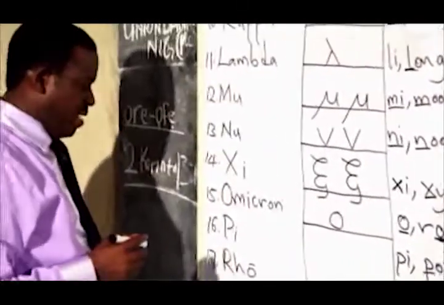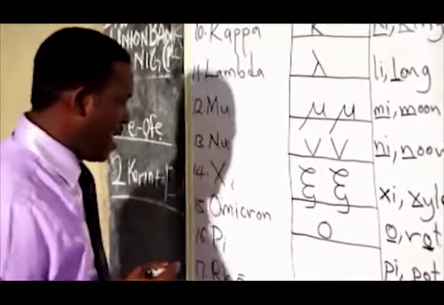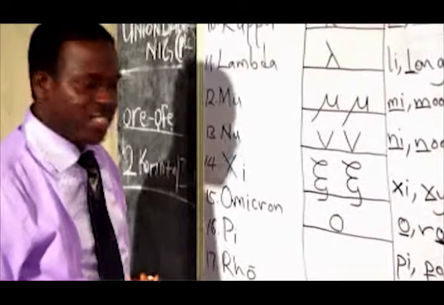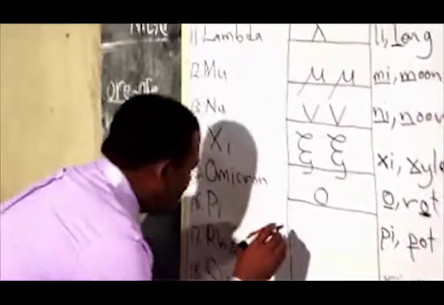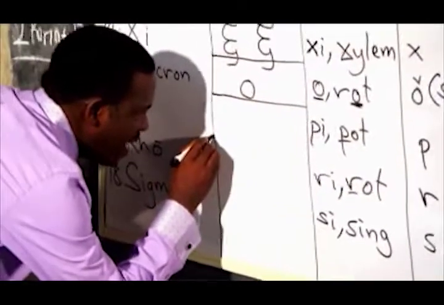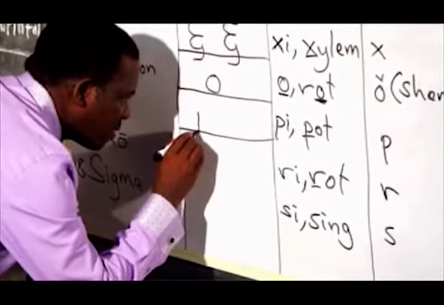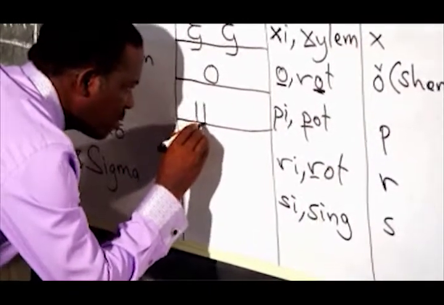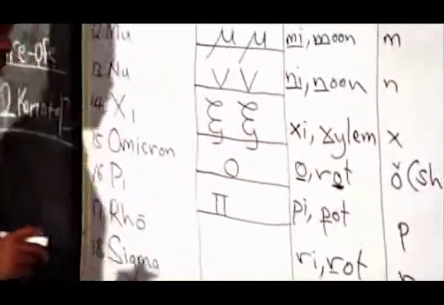The next letter is pi, or pa in English pronunciation and P in Greek pronunciation. And this is how to write it. Your line again. Anything different from this is not pi. This is exactly how to write pi.